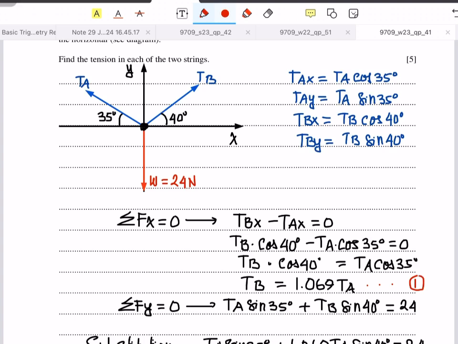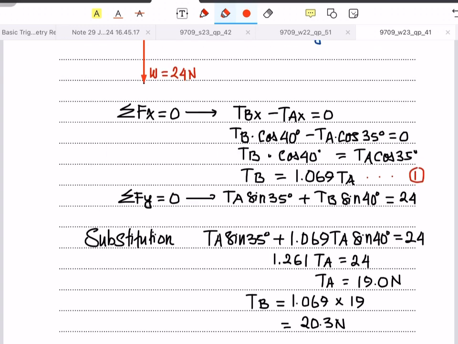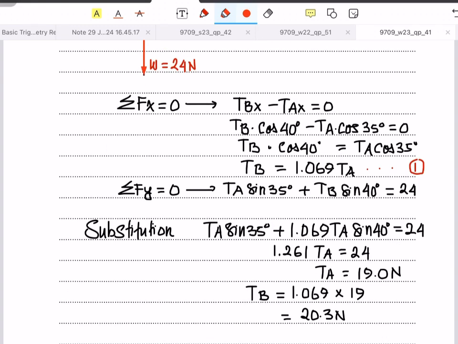Now we also have the net force in y direction equal to 0. So TA sin 35 degrees plus TB sin 40 degrees is equal to 24. Now using the substitution method, replace TB with 1.069 TA.